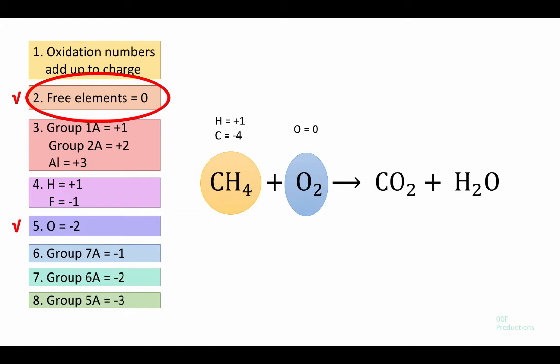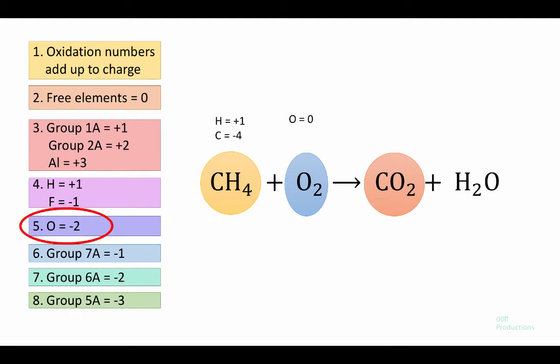Let's move to the other side of the reaction and look at carbon dioxide. Once again, we have carbon, and we know there are no carbon rules, so let's pick on oxygen here. Oxygen has a -2 charge. Carbon plus 2 oxygens must equal 0 because it's a neutral molecule. And if you do the math, you figure out that carbon must have a +4 charge.